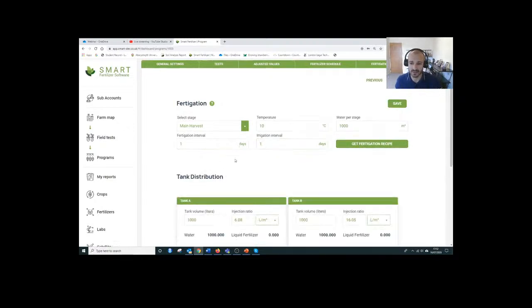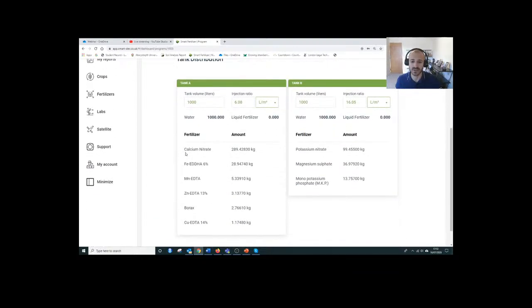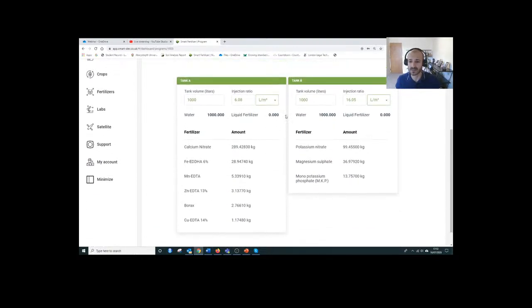I click on obtain recipe, and as you can see here, it's dividing automatically in different tanks. Why? Do you remember that I said that sulfur and calcium are not friends because they can react and produce a precipitate? In fact, as you can see, they are divided.